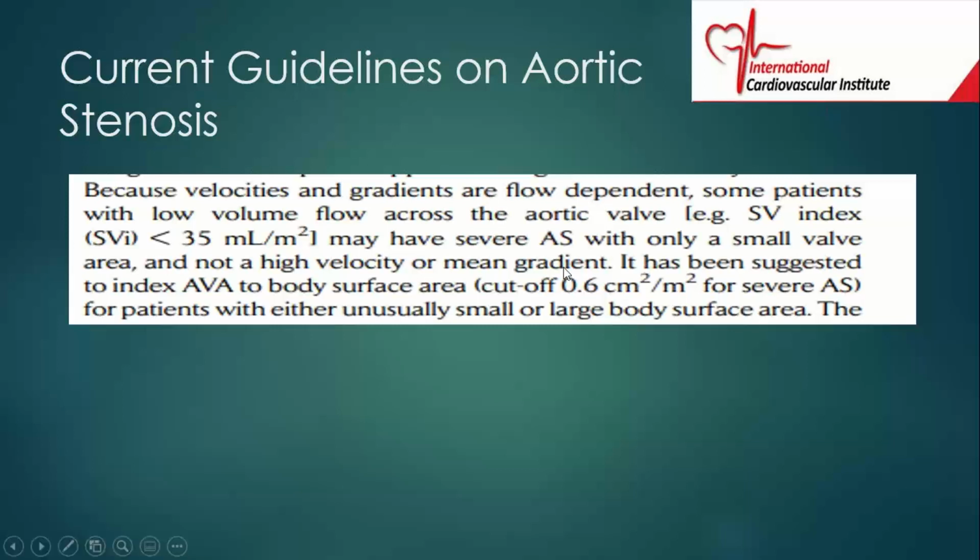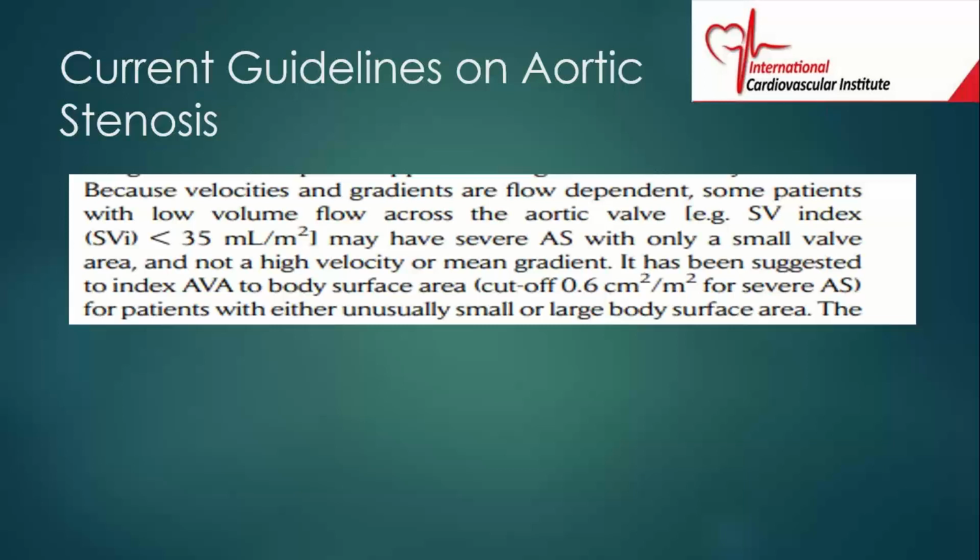So if you have aortic stenosis and you have evidence of a low flow, looking at the stroke volume index, and the velocity and gradient is not very high, then you have to do something more. You cannot just say that the patient has severe aortic stenosis.